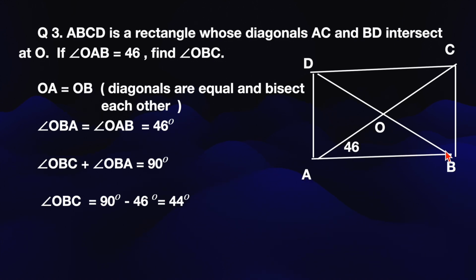So OBA is equal to 46 degrees. Now we know that in a rectangle, CBA is equal to 90. So OBC is equal to 90 minus 46, that is equal to 44. So this angle is equal to 44.